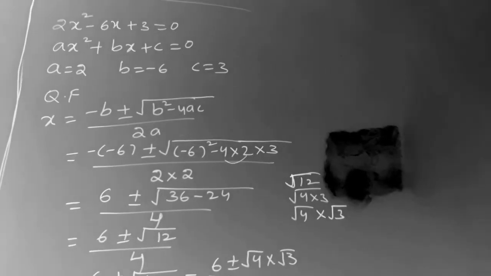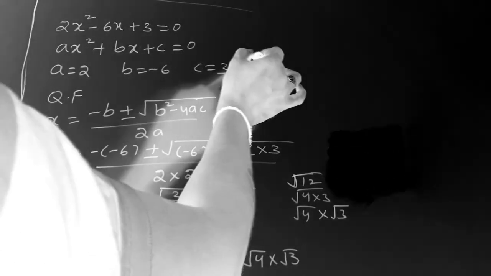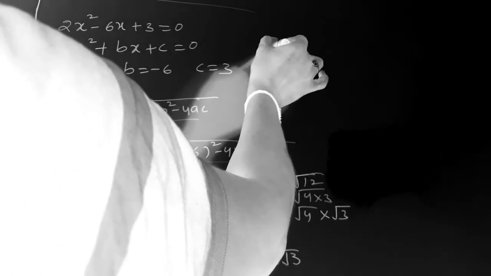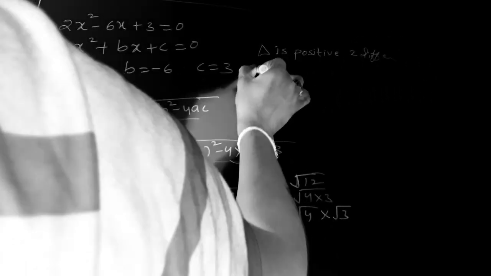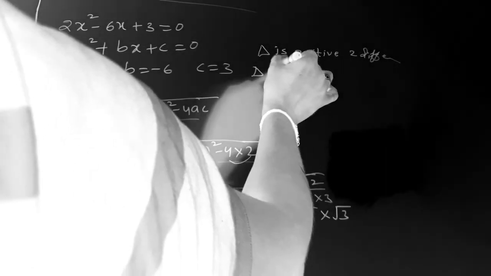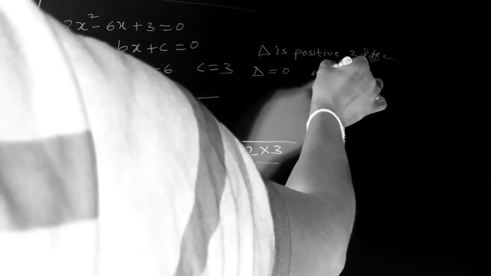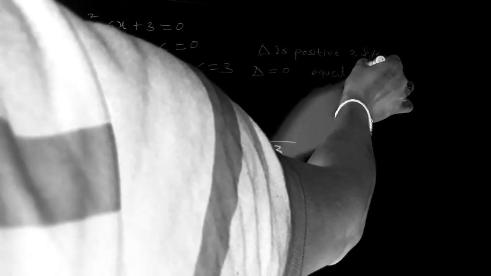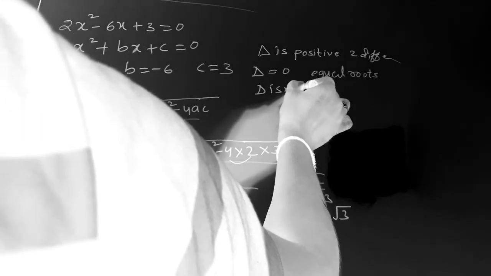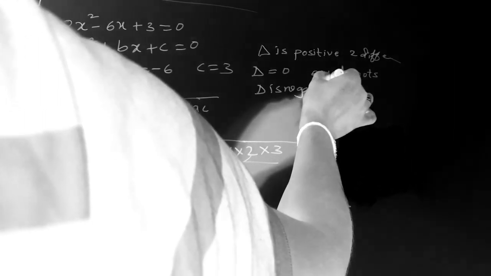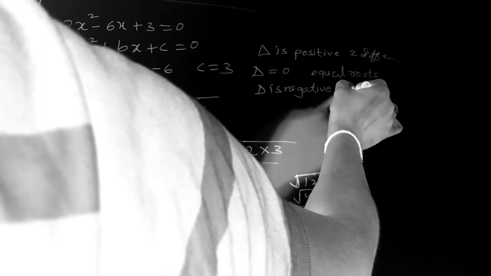When delta is equal to 0, equal roots. Delta is negative, imaginary roots.